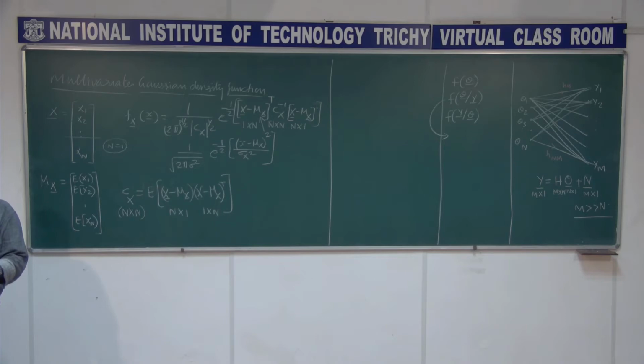If we assume theta is Gaussian distributed, this is just an assumption, then the function f of theta given y is also a Gaussian density function.